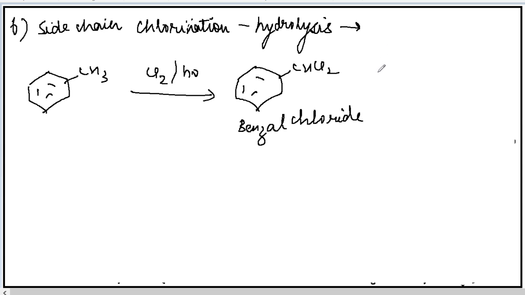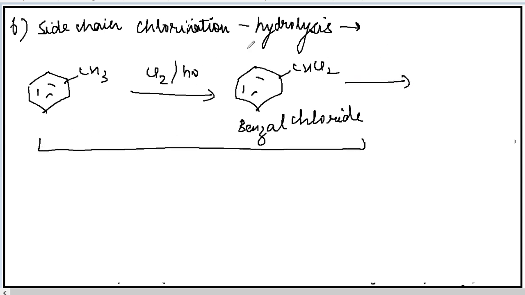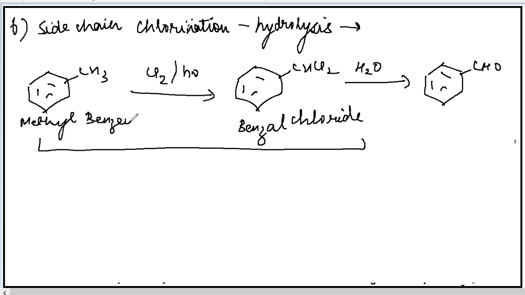This is the chlorination reaction forming benzyl chloride, and this benzyl chloride further undergoes hydrolysis in order to give the aldehyde, that is benzaldehyde. So again, this is how from hydrocarbons we can prepare aldehyde by side chain chlorination followed by hydrolysis.